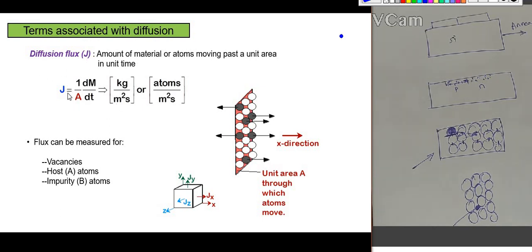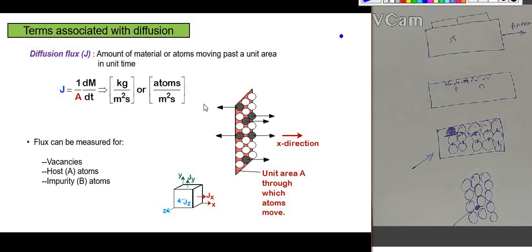We can say diffusion flux is equal to 1/A dM/dt or dN/dt. The unit is atoms per meter square second or kilogram per meter square second. Both units can be used for diffusion flux.